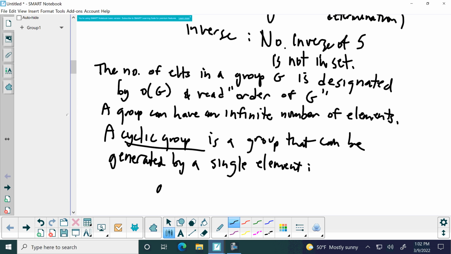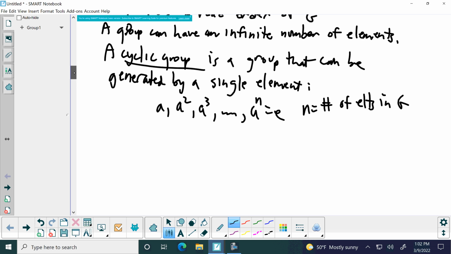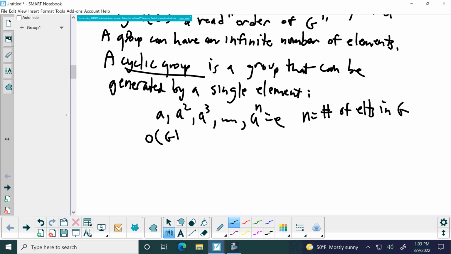So you would have A squared, A cubed, and so forth, all the way to A to the n equals e, where n is the number of elements in G. So a cyclic group is a group where you can find an element A such that you can look at A squared, A cubed, all the way up to A to the n. And so here the order of G is equal to n.